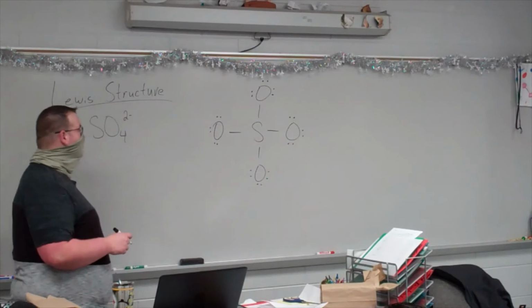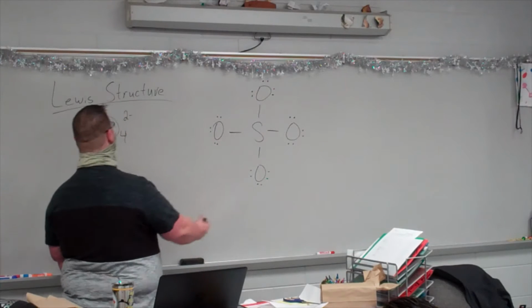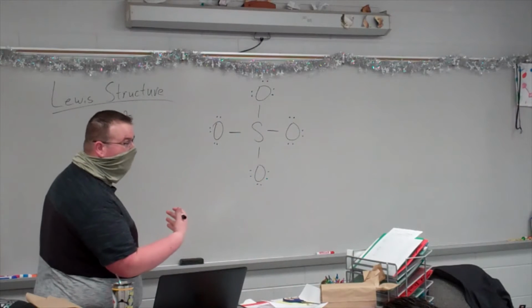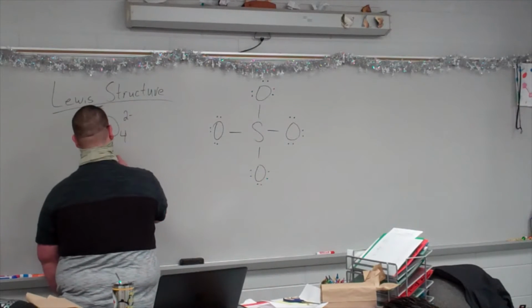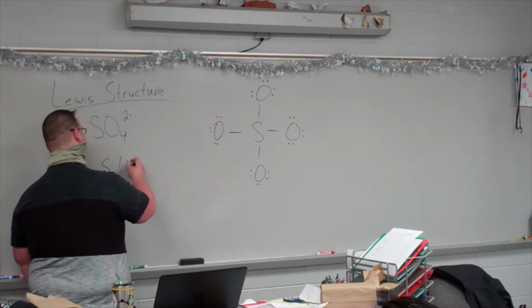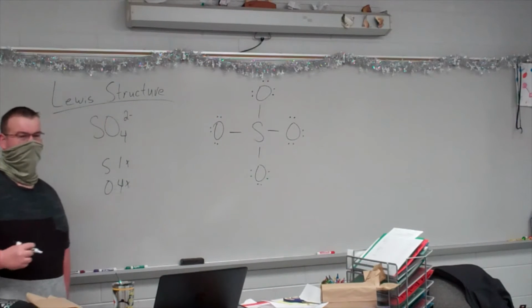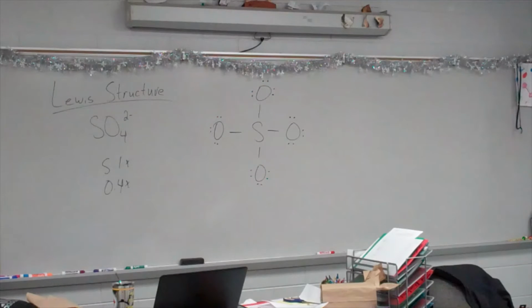Alright, so at this point everybody's got a full octet now. So now we step into calculating how many electrons we have to show. We have 1 sulfur and 4 oxygens. We multiply those by the number of valence electrons they have based off the periodic table.